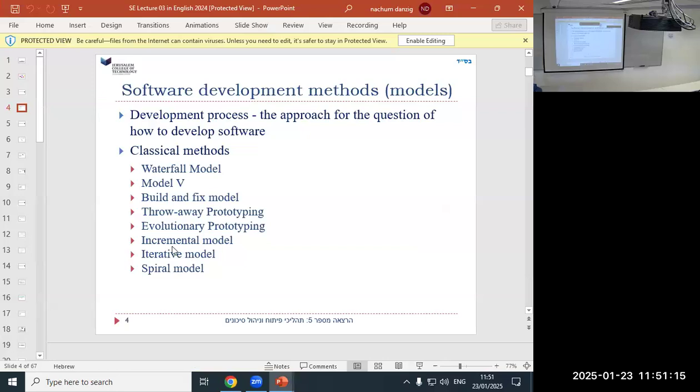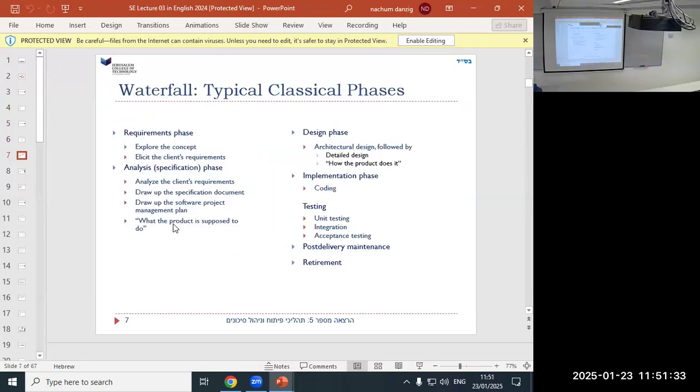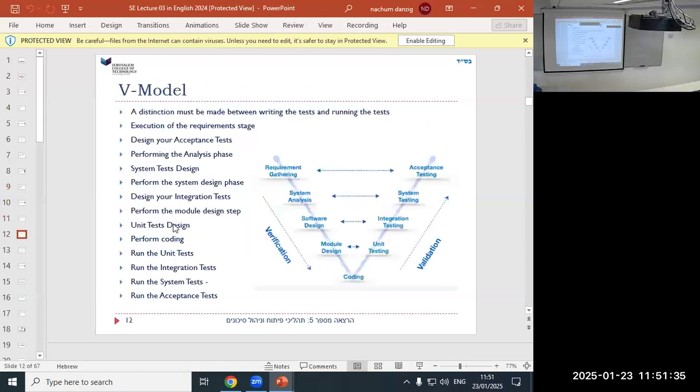Yeah. See incremental? Here we have throwaway prototype and evolutionary prototype. Waterfall V. Do you remember this picture?